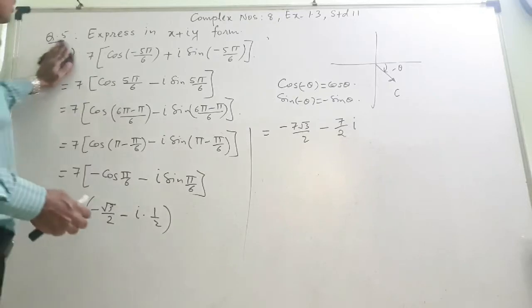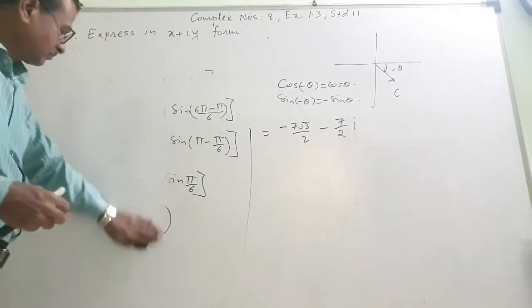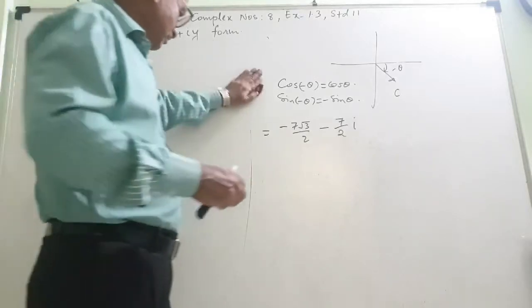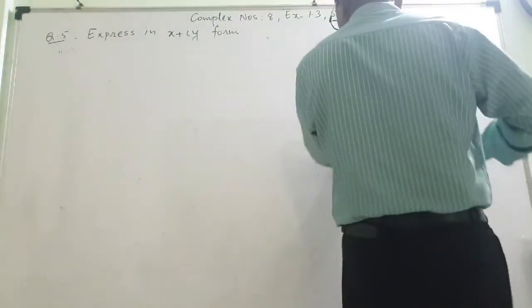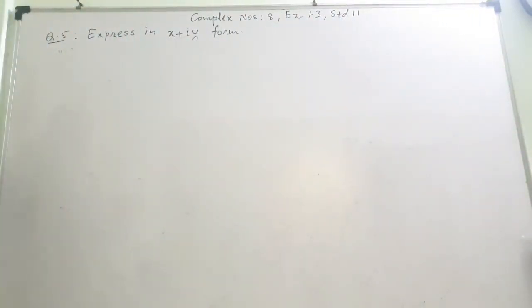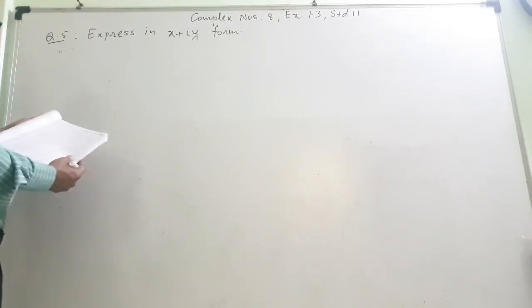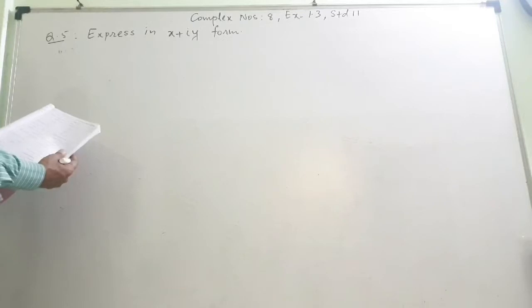So the fourth question is given in the exponential form, and that is e raised to pi by 3 i.